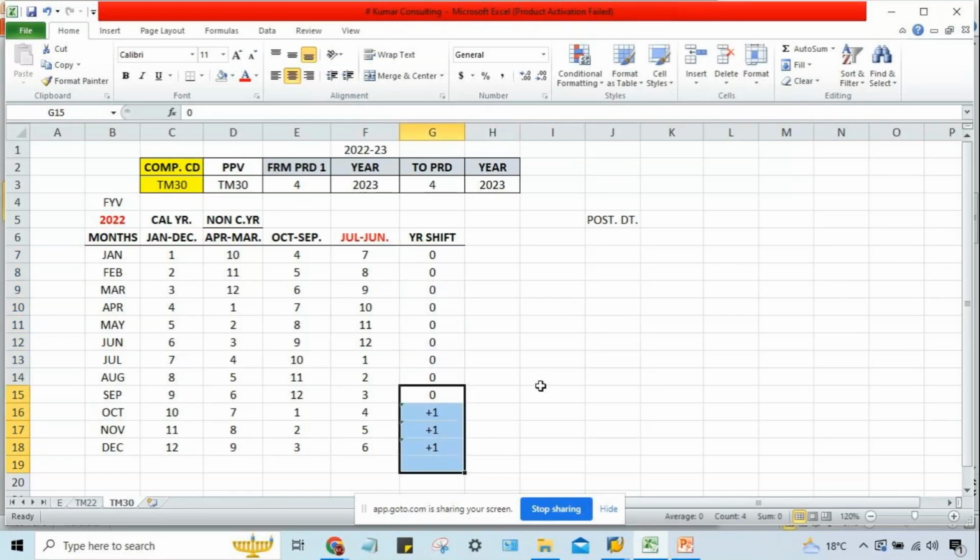Here you are saying plus 1, right? Yes, plus 1 from July. Okay. Then 0 from January to June. 0 here. Okay. Is there any other answer from anyone?